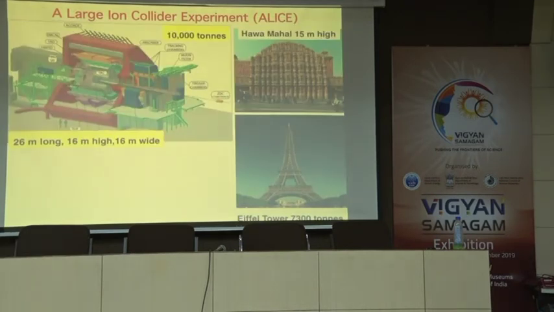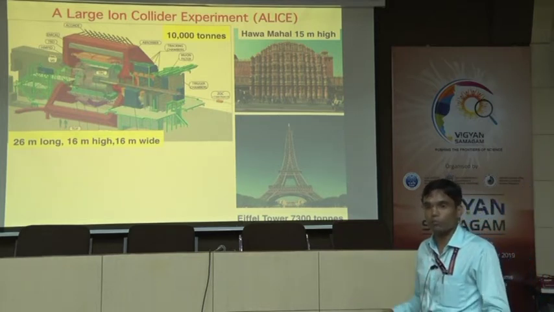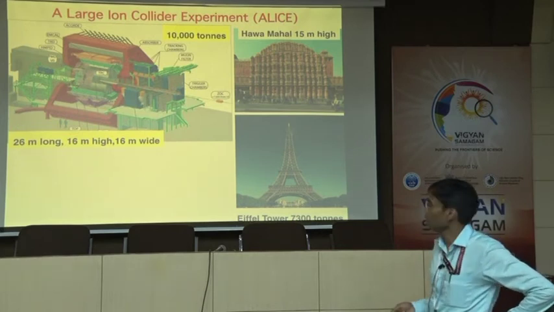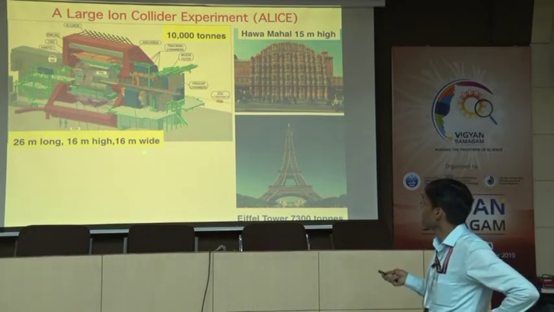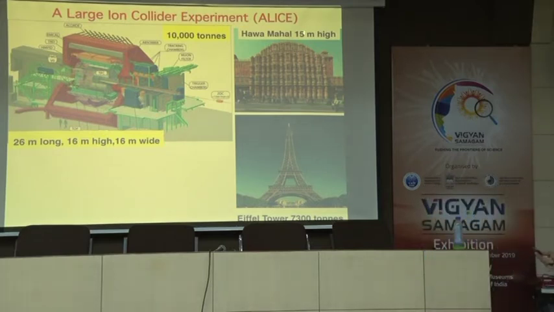Then let us look at the vastness of this big setup. Okay, this is 26 meters long, 16 meters high and 16 meters wide. Hawa Mahal is 15 meters high, right? And the total weight of this entire setup is 10,000 tons.